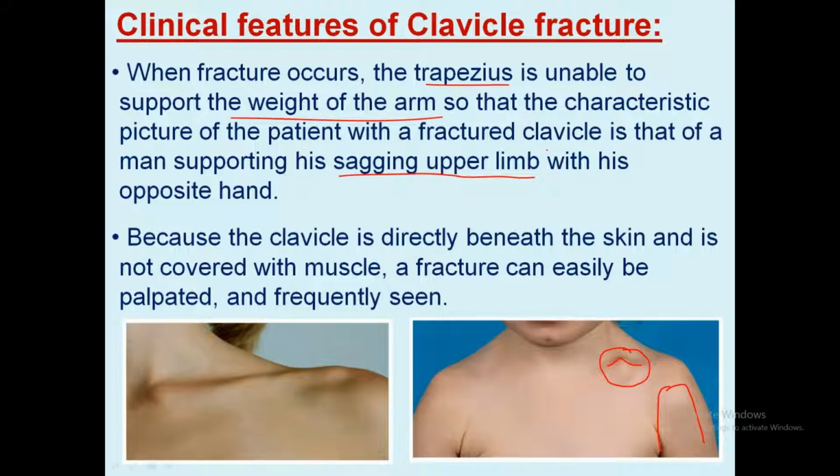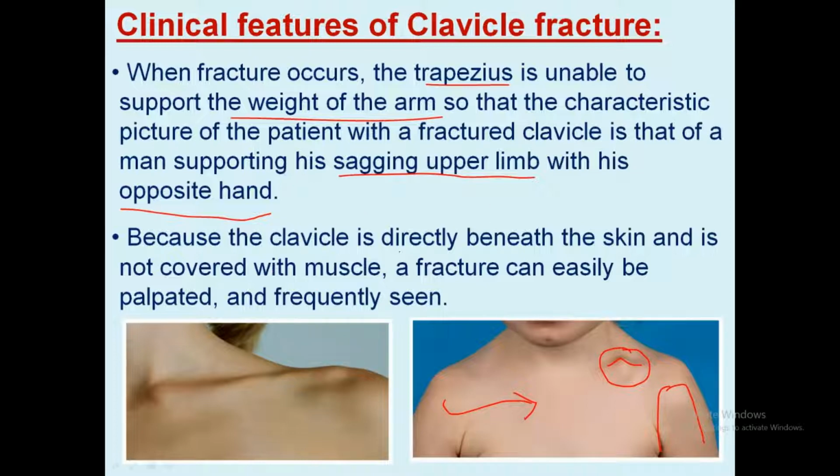Sagging upper limb means it is like hanging down too much. So அந்த weight அவங்க opposite hand மூலியமா support பண்றாங்க. So he or she is using his other hand, his opposite hand, to support this sagging upper limb.